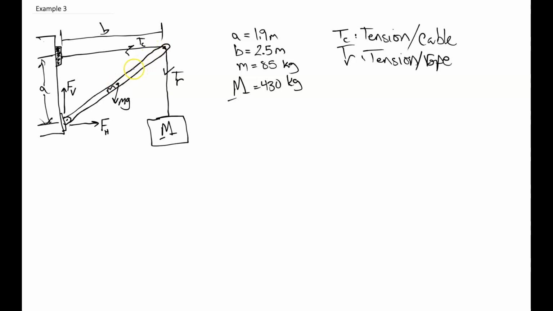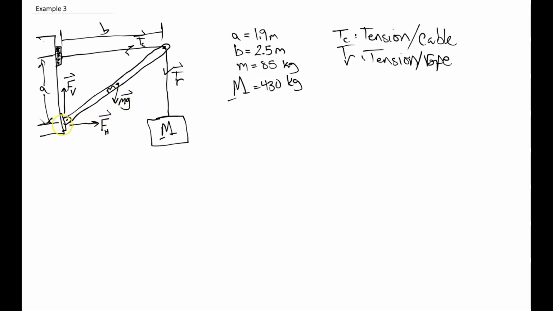So when we consider the forces on this beam, we're going to have the tension due to the cable, which is T sub C, the tension due to the rope, which is T sub R, the weight of the beam at halfway up, which is mg, and then we have the vertical and horizontal forces from the hinge that are identified as F sub V and F sub H.